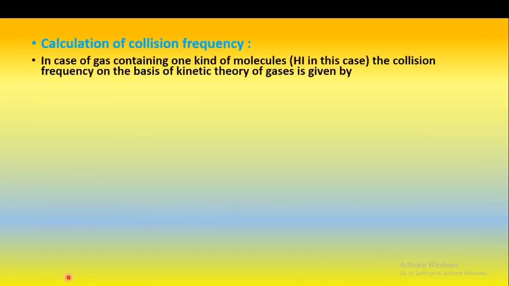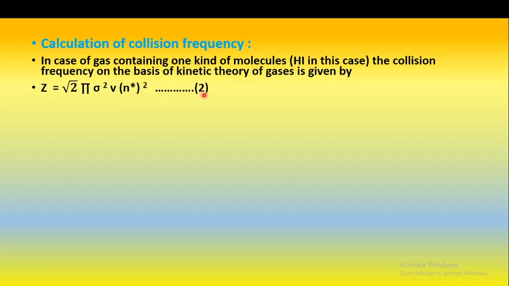So how do we calculate the collision frequency? For a gas containing one kind of molecule, here HI, the collision frequency on the basis of kinetic theory is given by Z equals root 2 pi sigma square V into N star square.